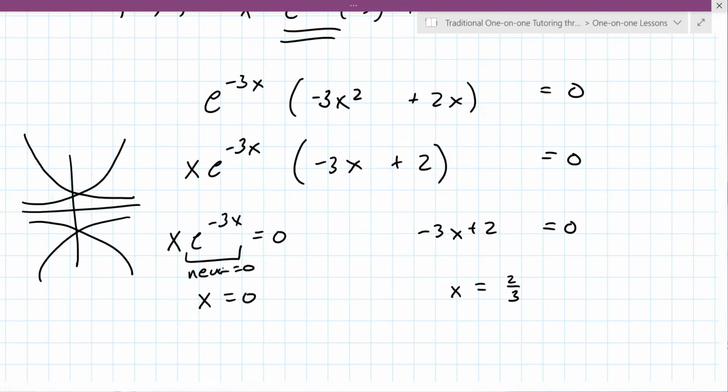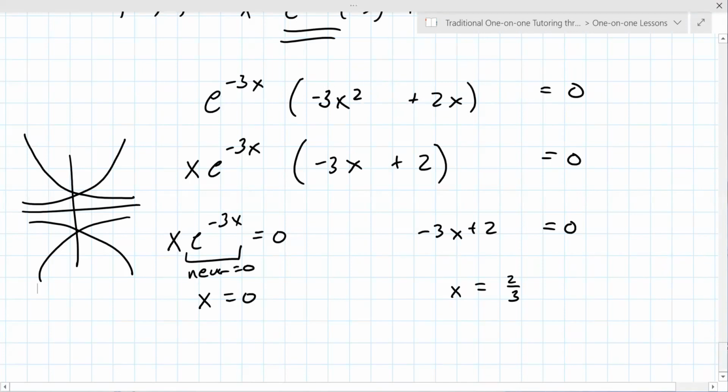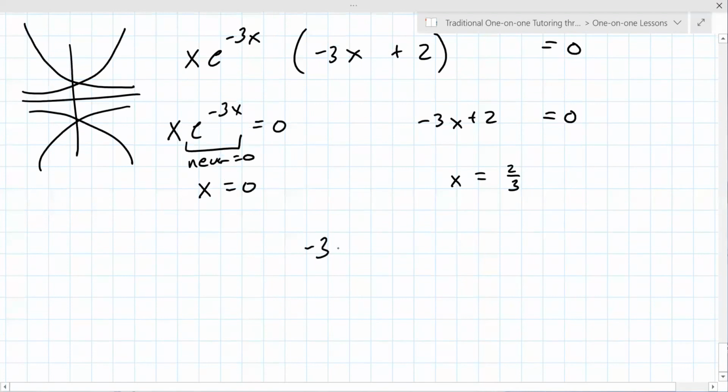If you don't like that, don't factor the x out, because it'll come in here. If we look at just this part, minus 3x squared plus 2x equals 0, maybe that's more clear.